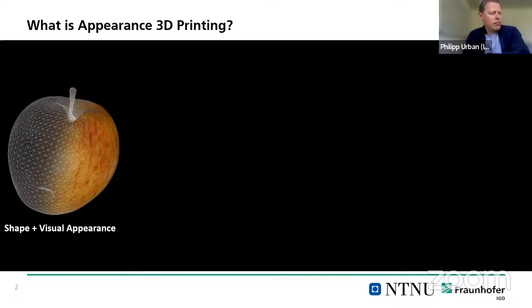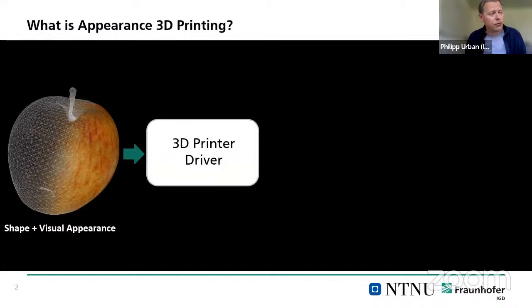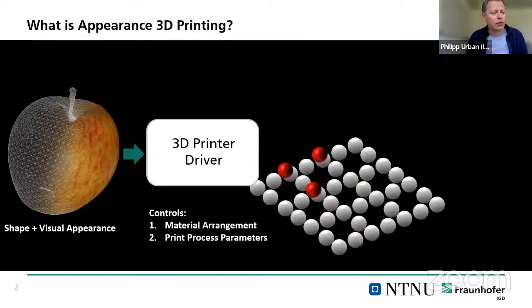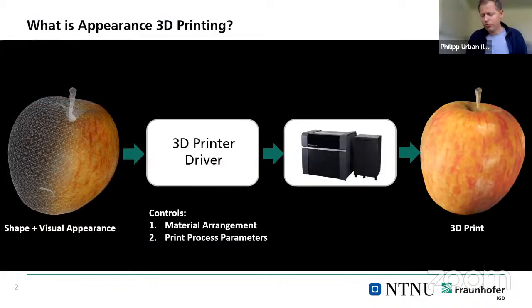We have a shape and a visual appearance annotated to the shape, and we want to print both quantities. For this, of course, we need a printer, but we also need software. It's called the 3D printer driver. The 3D printer driver defines where materials are placed by the printer and also print process parameters. This information is then sent to the printer, and the printer should reproduce both the shape and the visual appearance.